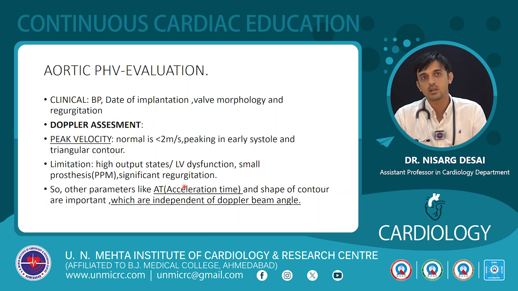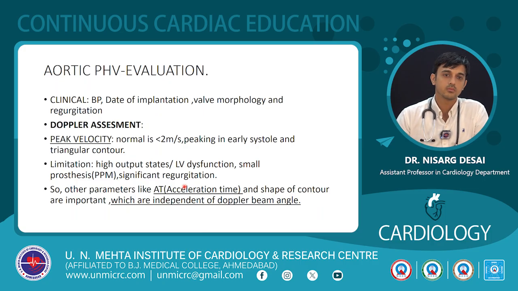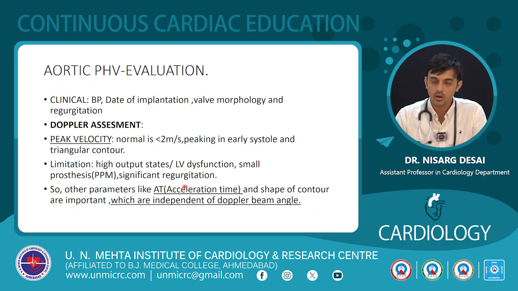However, there are certain limitations to it, that is the high output states, and contrary to high output state, LV dysfunction, small prosthesis, PPM, that is there may not be anatomical obstruction, but the valve is smaller as compared to the body surface area or his LV outflow tract.